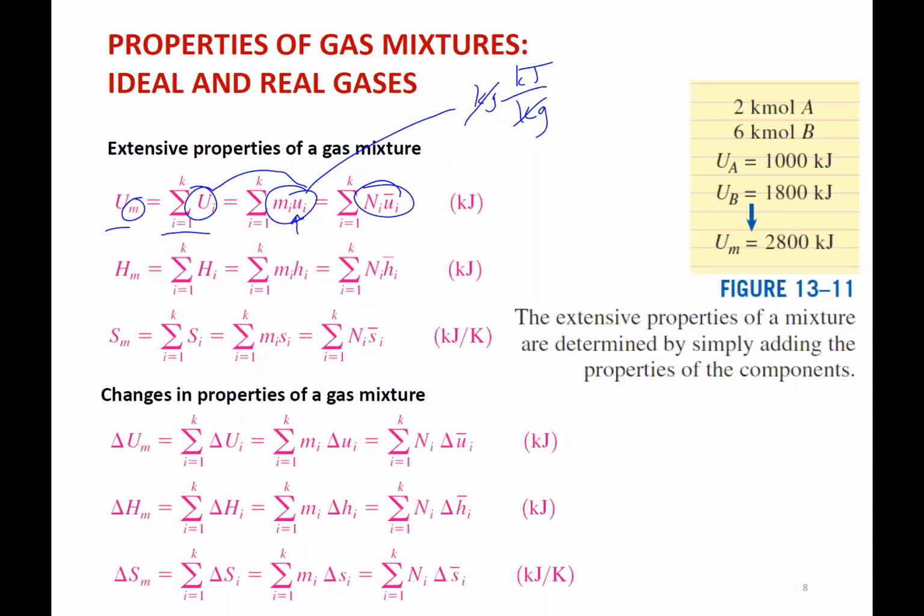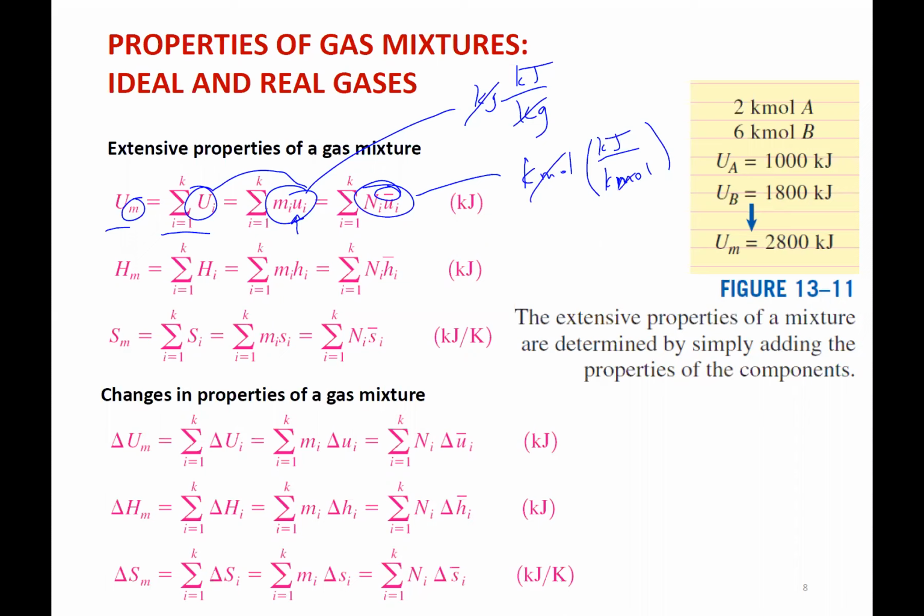If we did it per mole, that's what this bar is. The bar over the internal energy tells you it's per kilomole or per pound mole. So if we did that one, it would be kilomoles times kilojoules per kilomole, then the kilomoles cancel and we're still left with kilojoules. So it really depends on what's the better way to do it.